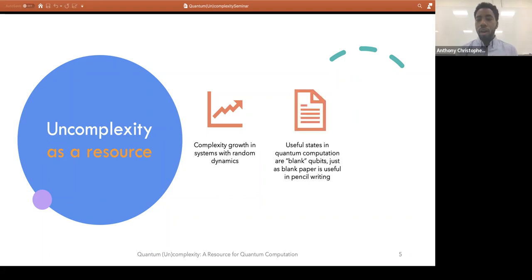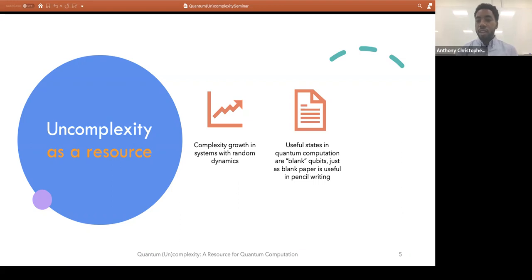A useful analogy for bringing it to quantum computation is that useful states in quantum computation are like blank qubits. In the same way that I often want to begin writing an essay or a paper with a pencil on a blank sheet of paper, often it's useful, let's say in the case of ancillas for quantum computation, to have states that are relatively uncomplex, so that I can easily manipulate them for whatever purposes I have.